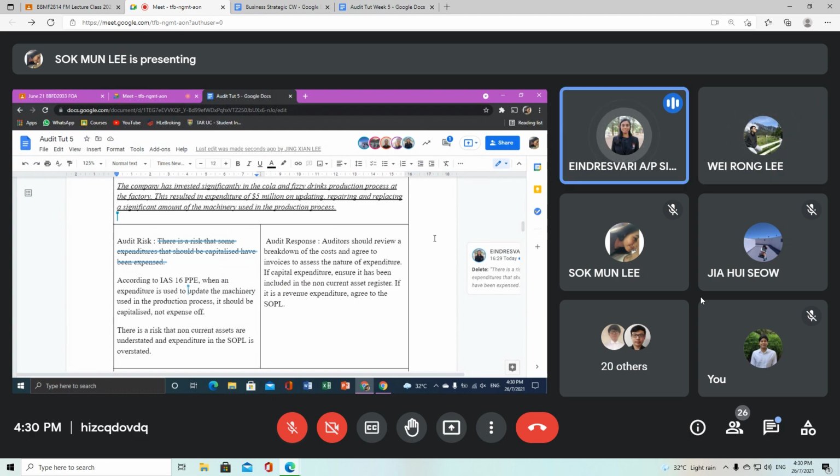Number two is, first time when you purchase, you would have already capitalized and depreciated. Second time upgrading, if that kind of upgrading, you should expense off rather than capitalizing. So this question did not tell you clearly what is the content of the expenses, right? So if you want to write like that, it's going to be difficult.